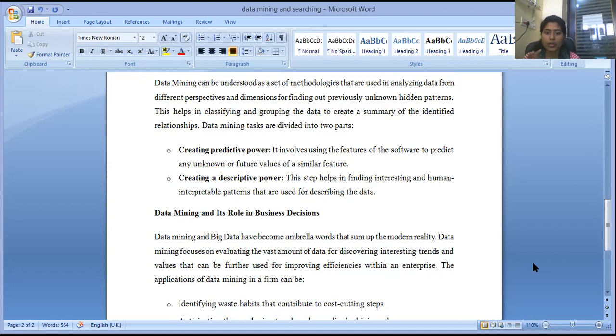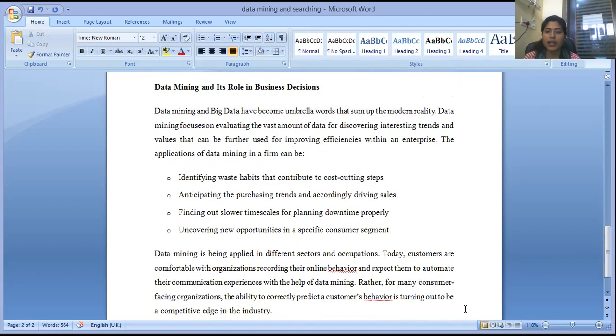Clear? So now the applications of data mining in a firm can be: first, identifying wasteful habits that contribute to cost cutting steps; second, anticipating purchasing trends and accordingly driving sales; third, finding out slower times for planning downtime properly and uncovering new opportunities in specific consumer segments.